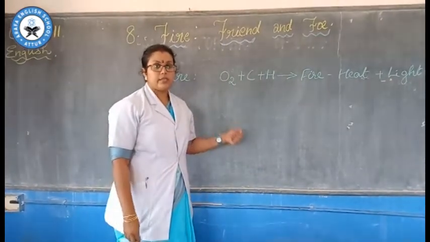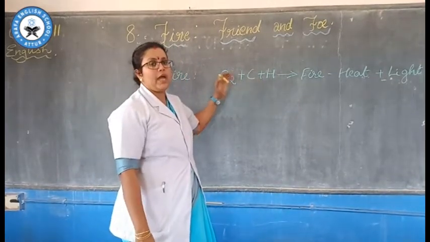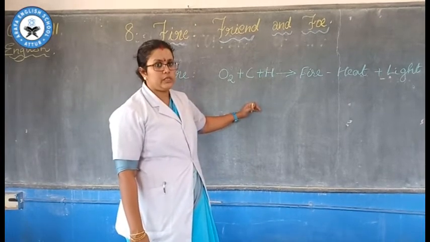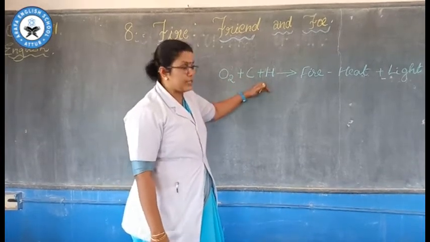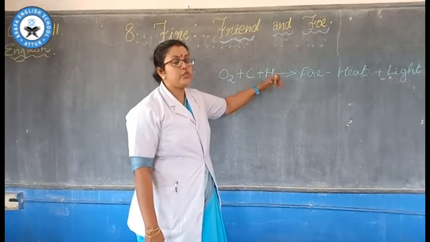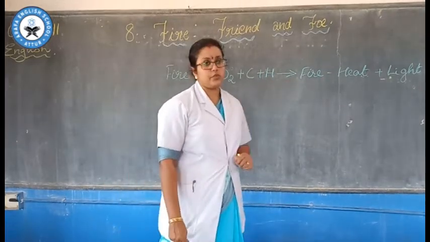So fire is the result of combination of oxygen in the air and carbon and hydrogen present in the fuel. When these three elements combine together at a particular temperature, fire is produced.